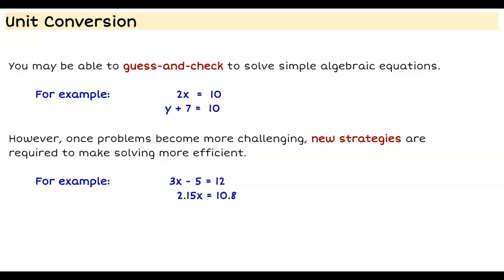Here's another example. And especially when we get into decimal values for coefficients and answers, the guess and check method starts to become less and less efficient. Could we use it? Yes, but it's not always the most efficient way to go about solving. So in the same way, we're going to start you off today by teaching you a process called dimensional analysis.